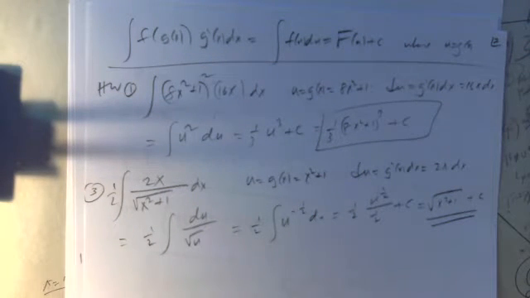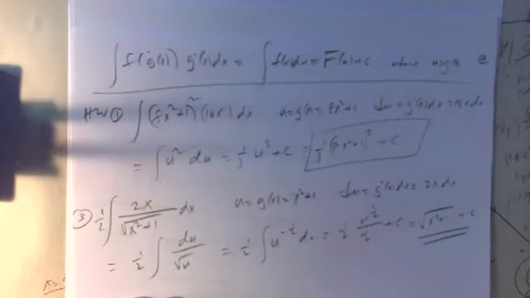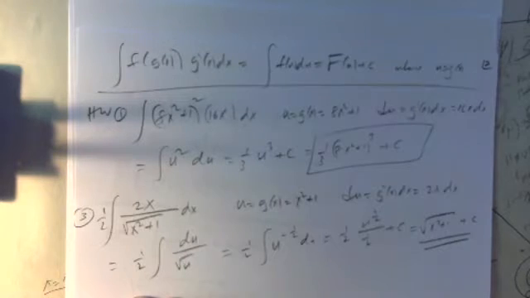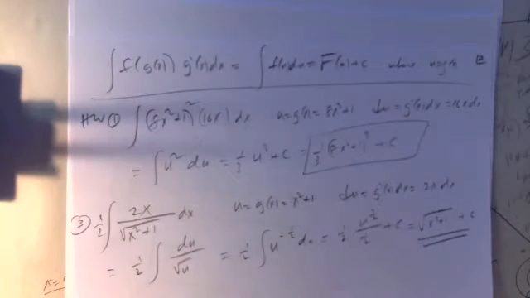So this is the problem, right? And we want to solve this problem by substitution. So substitution means we're using this formula. So I have to find something which is going to be, I'm going to substitute u equal g of x.